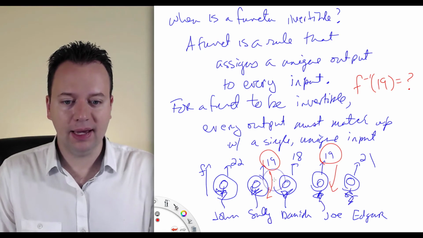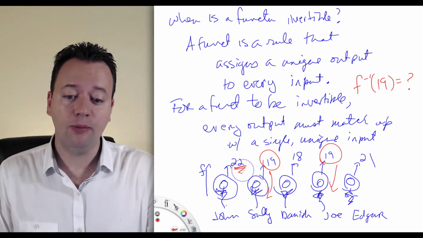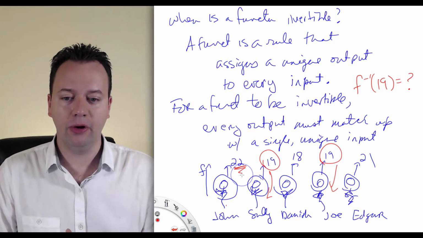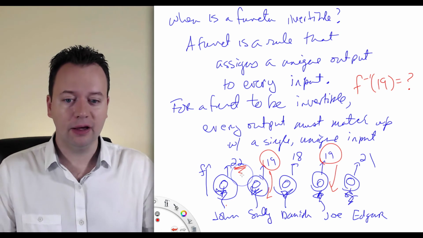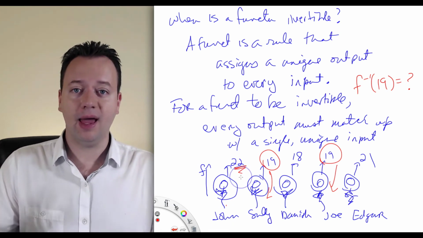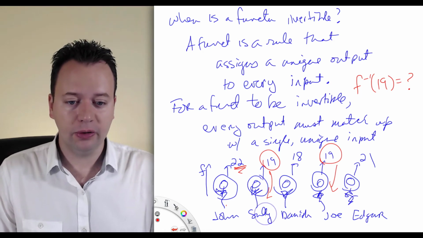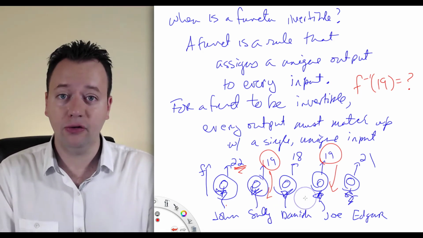Basically, every input has to have a single output, and each output has to come from only a single input. Once the output is used once, you've used it up. You can't use it again. Once you assign age 22 to John, nobody else can have age 22. Once you assign 19 to Sally, nobody else can be of the age 19, and so forth.